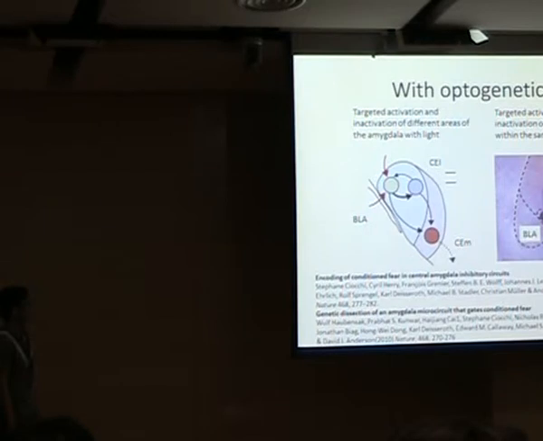And with some of these optogenetic tools, you could target different areas of the amygdala separately, or you could target a specific subset of neurons within the amygdala. And people who have used this method have found that a subset of cells actually act to block the expression of fear.